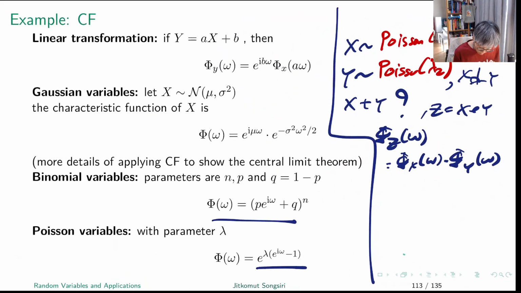And we take the form that we obtained earlier. For X, you apply lambda 1: e to the lambda 1 times (e^{iω} minus 1). And for the CF of Y, you apply lambda 2.